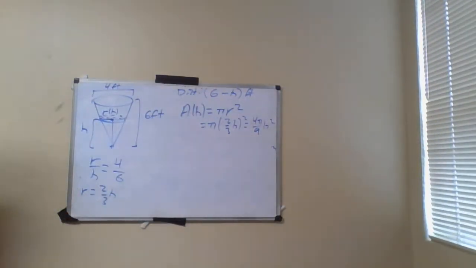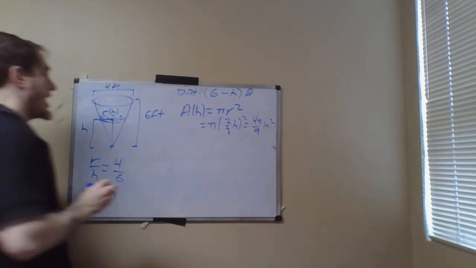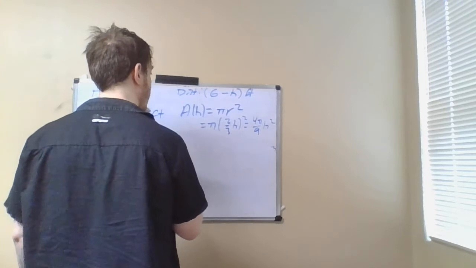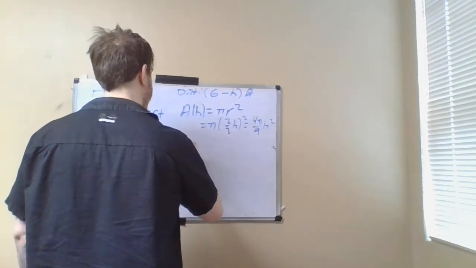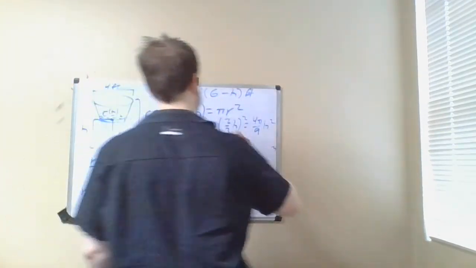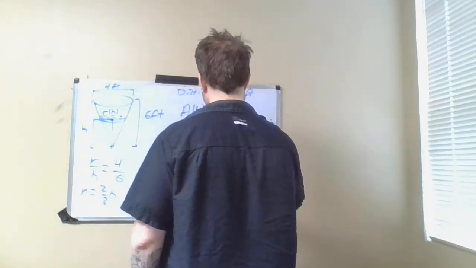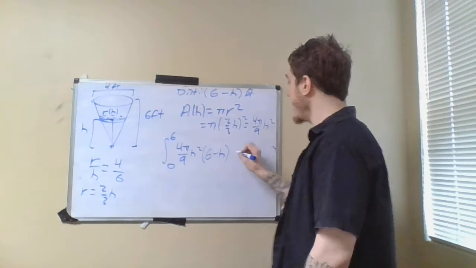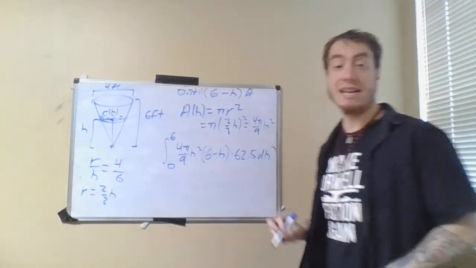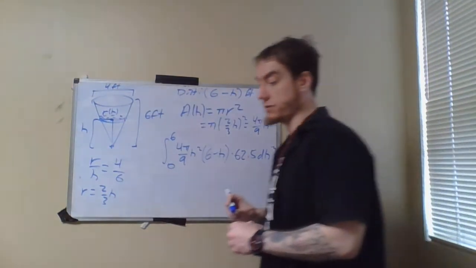Okay, that's good. We have that so far. And now we just need to integrate from 0 up to 6 of the area, 4 pi over 9 h squared, times the height that we lifted, 6 minus h, times the density, which is still just 62.5, times dh. And there's our integral all set up for us.